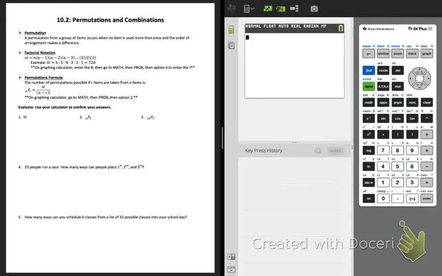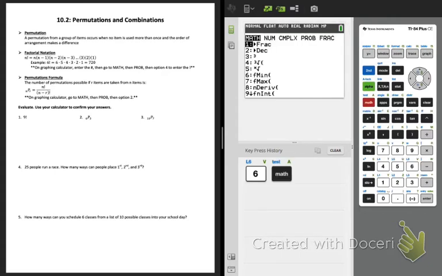On a graphing calculator, here's how you find anything with a factorial. So if you were having to find 6 factorial, you enter the 6, following the steps that I've written out. So you enter the number, you go to math, you then go to the prob menu, so for probability. The fourth option down is an exclamation point.